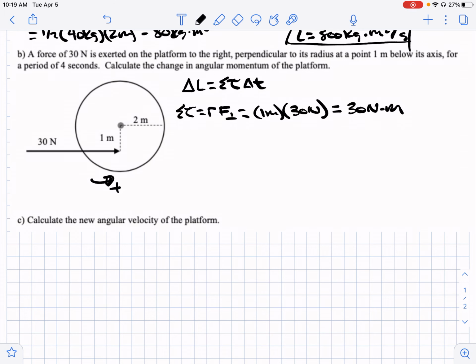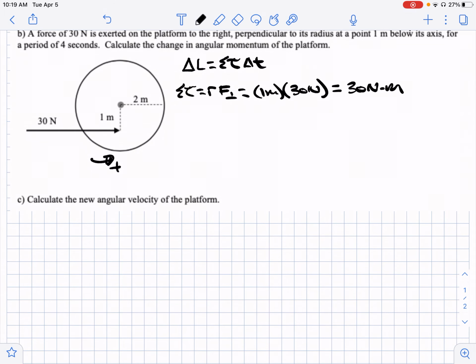Now we can solve for the change in our angular momentum. So change in angular momentum is equal to the net torque, which we found to be 30 newtons times meters, multiplied by the time, which was 4 seconds, and you end up with 120 newtons times meters times seconds.